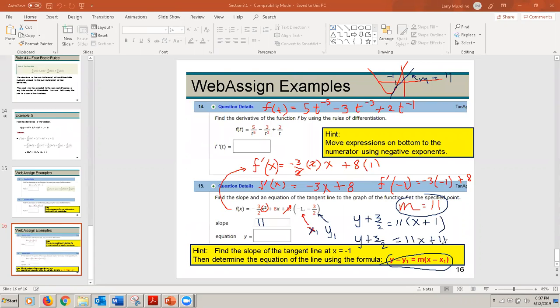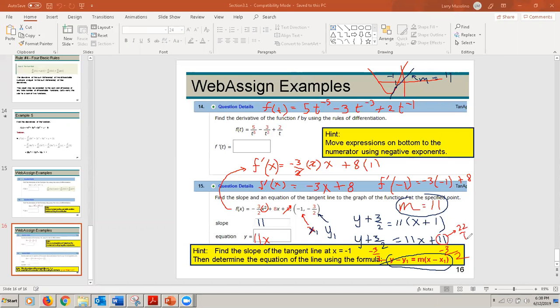And to finish, I just want to get y by itself. So let me go ahead and subtract 3/2 from both sides of this equation. When I do that, it looks like I'm going to end up with y equals 11x. Now I know 11 is the same as 22 over 2. I want to get the same denominator.